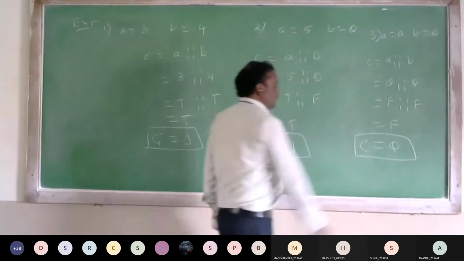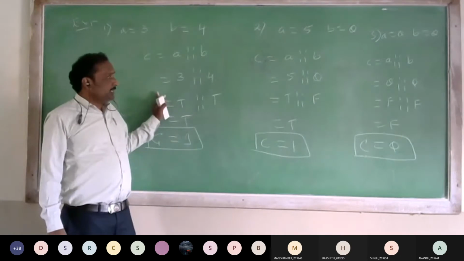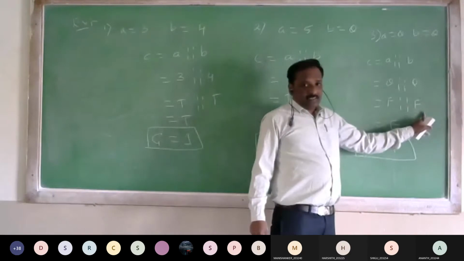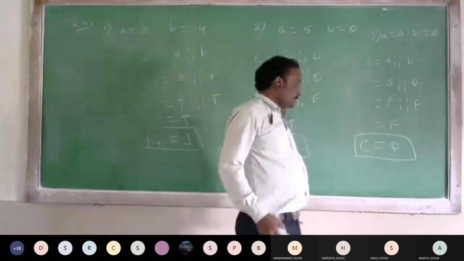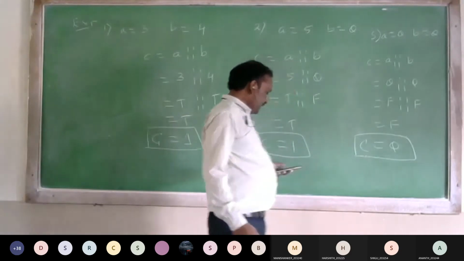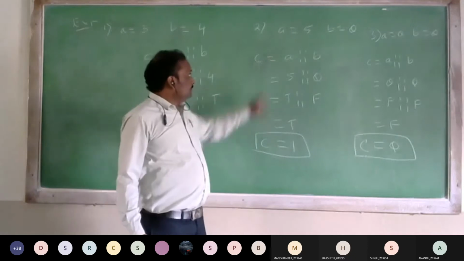C contains value 0. So, logical OR result is false when both are false. Here both are false, that's why the result is 0. 0 indicates false value.